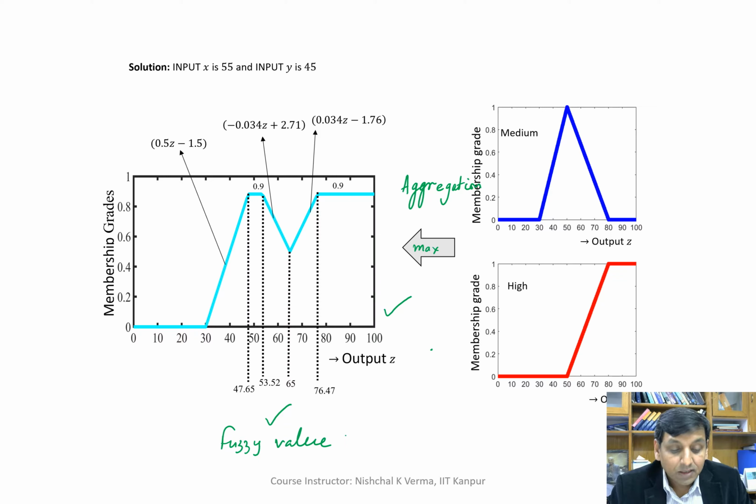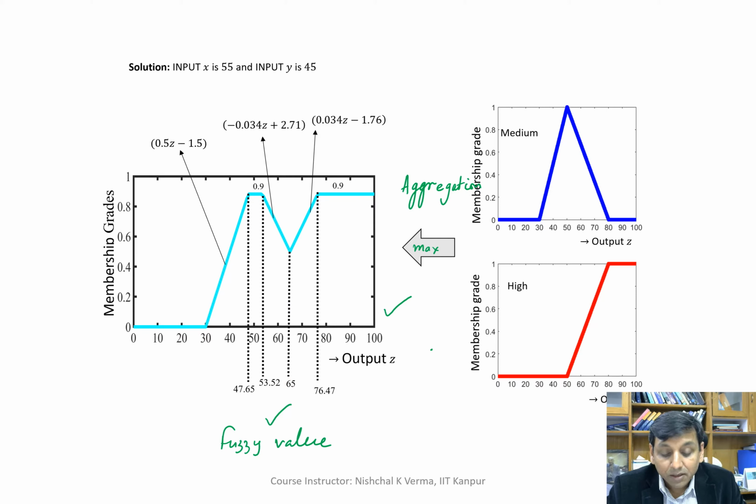Now, it is quite interesting here. This fuzzy value has an irregular structure, an irregular shape. So now we have to convert this into crisp. This irregular shape, a fuzzy value, needs to be converted into crisp.